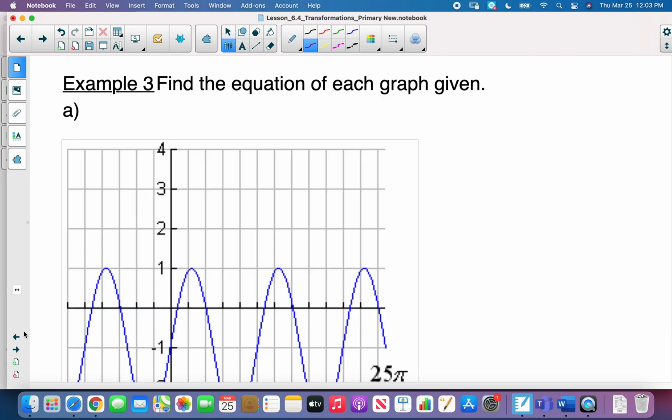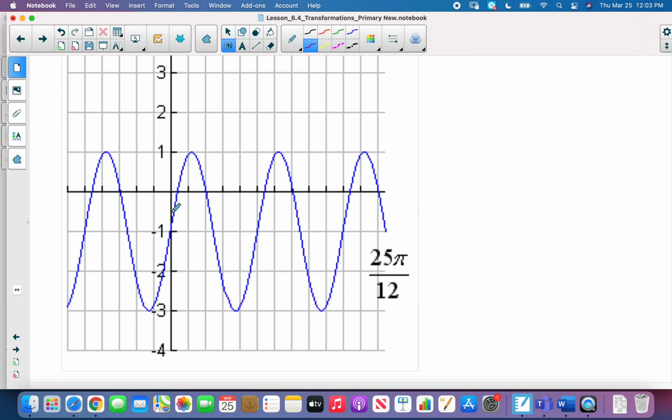In this example, we're given a graph and it asks us to find the equation of this function. It's telling us that it has 2.5 cycles, so 2.5 periods, and that is completed in 25 over 12 pi radians.